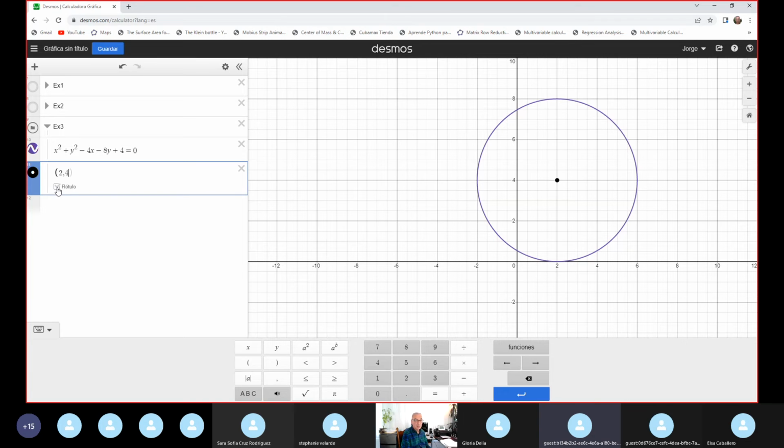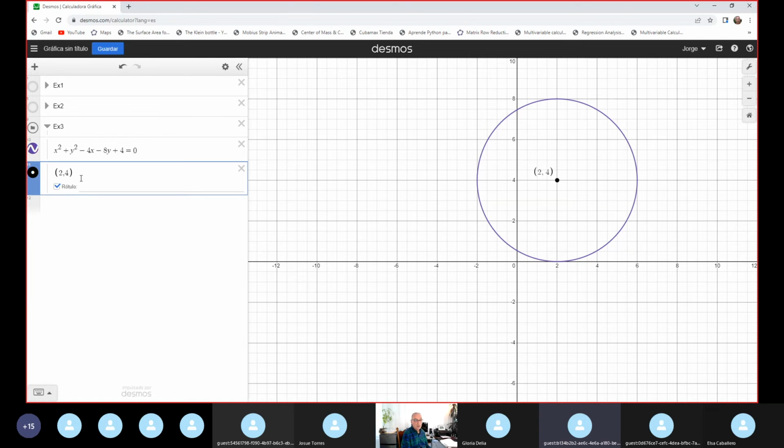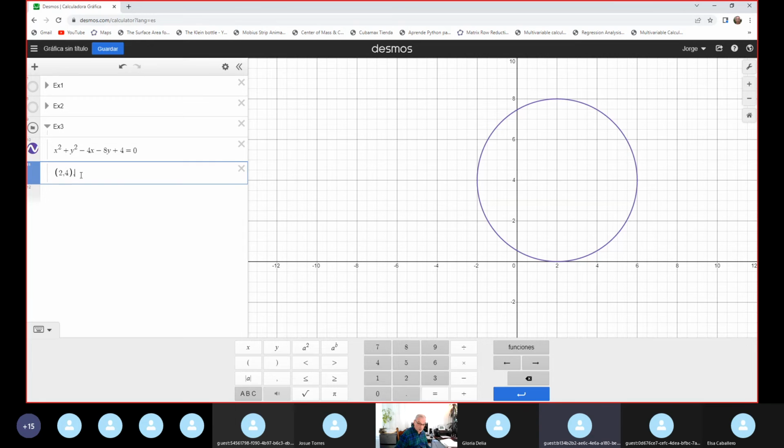Black color. I like black color. Another point is separated by comma, 2,8. Look. Another point separated by comma, 2,0. I did north and south.